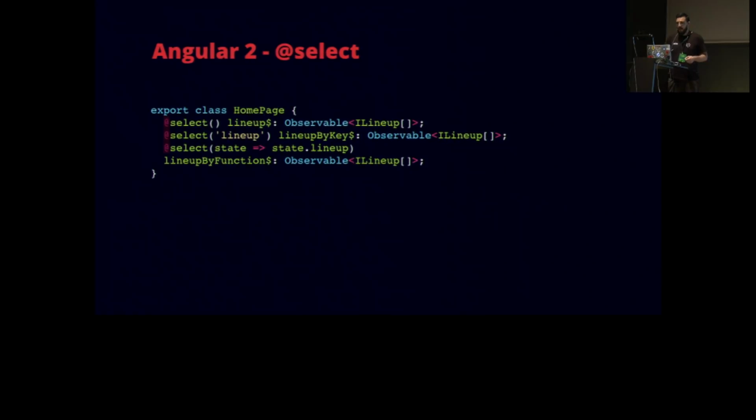If you want to reduce boilerplate, we also have a @select decorator, which has the same API as the .select method. I think this reduces a lot of the boilerplate in your code compared to using ngOnInit and calling .select there.